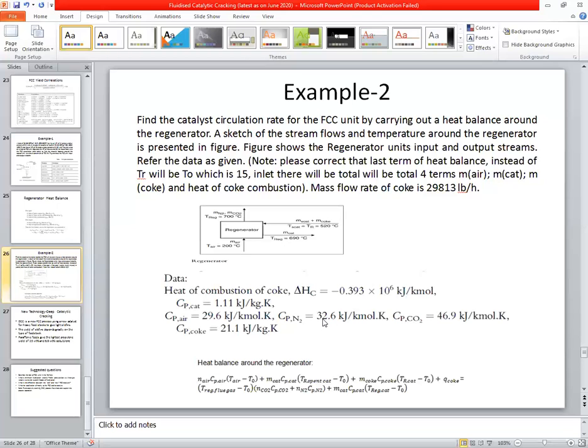But the mass flow rate data is given as 29,813 pounds per hour, which is in the American system. So we have to convert to the SI system, because all the CP values are given in SI units.